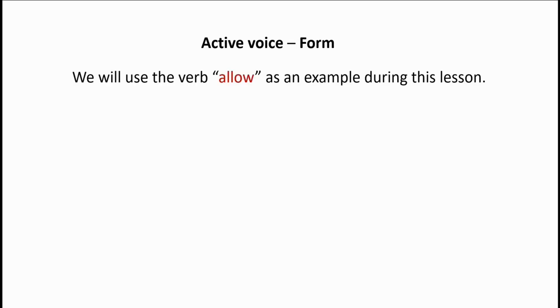So, a very quick revision of the active voice form. If you understand this, it will really help you understand the passive. As I said, we are going to use the verb allow as an example during this lesson. The pronunciation is allow.